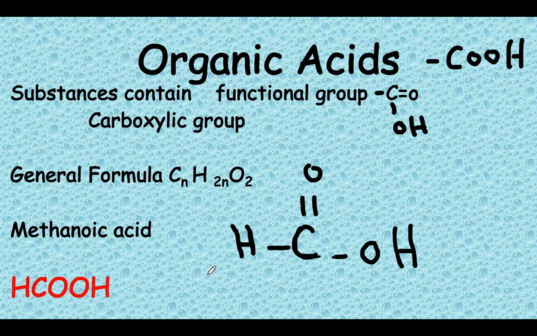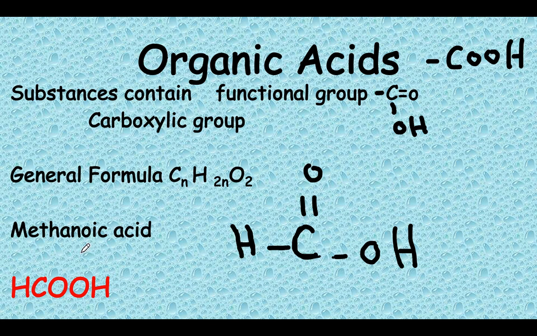Let's move to the other homologous series, which is called organic acids. The organic acids contain C double bond OH as a functional group, and it has a general formula CnH2nO2. The first member in organic acids has one carbon atom.